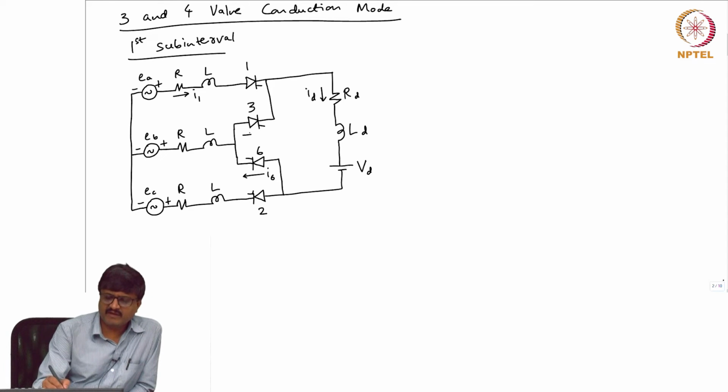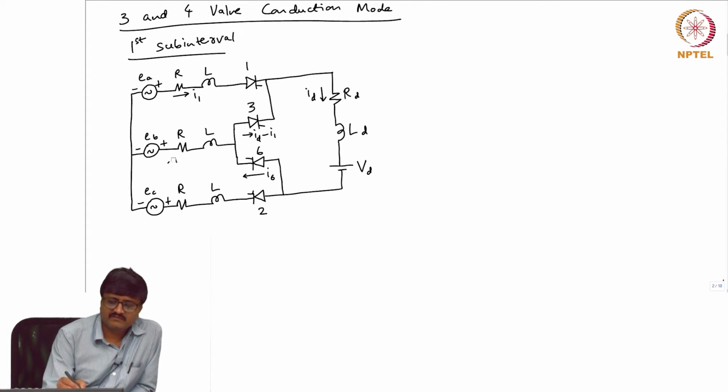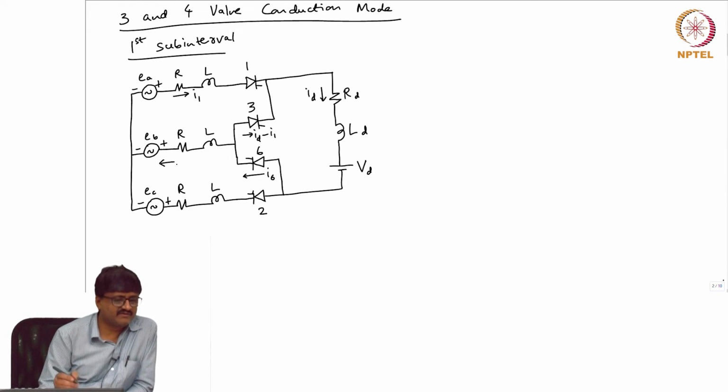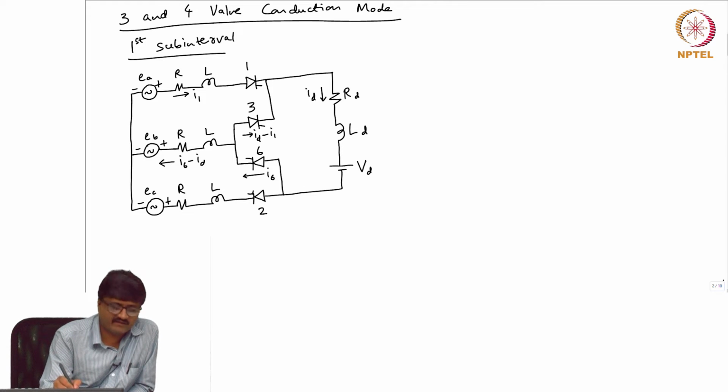So, the current through valve 3 is ID minus I1, and the current through EB is, suppose I show this in this direction, I6 minus ID plus I1.